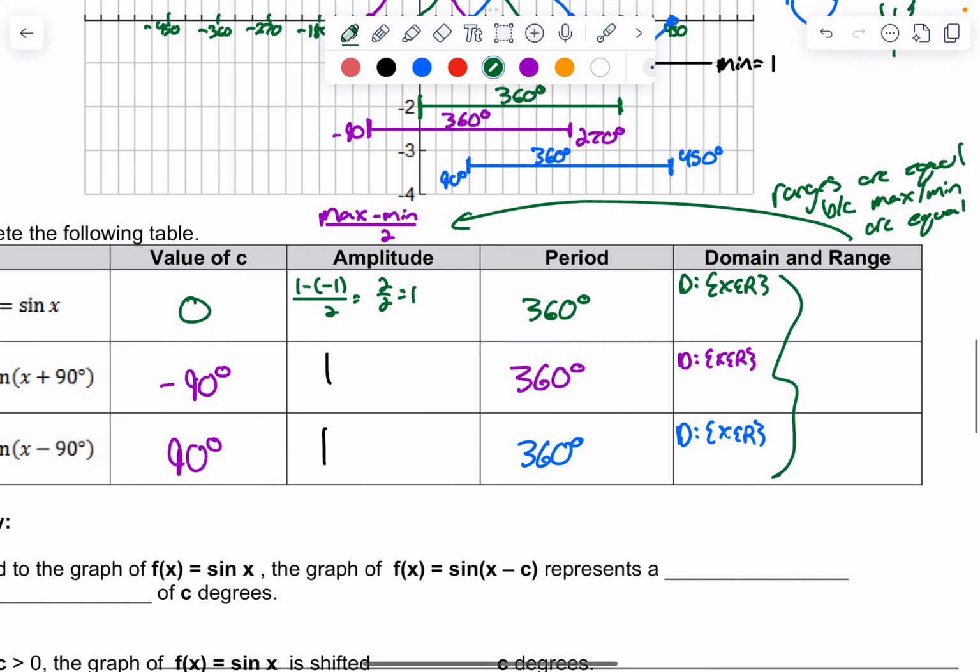So that means your range for all 3 of these will be the range of y belongs to real numbers between -1 and 1. There we go.